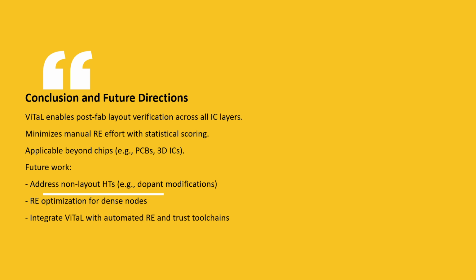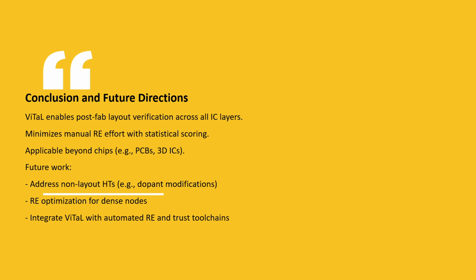In summary, VITAL offers a reproducible, scalable method to verify the physical integrity of IC layouts without needing to reconstruct logic or simulate functionality. It reduces manual reverse engineering efforts significantly and could also be extended to other domains like PCBs or 3D ICs.